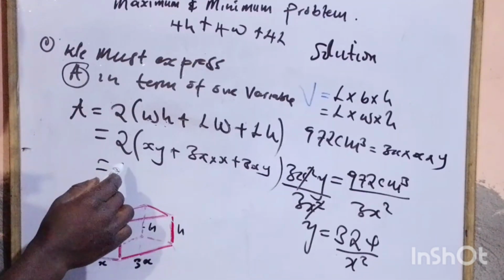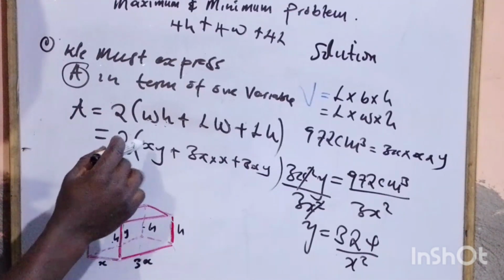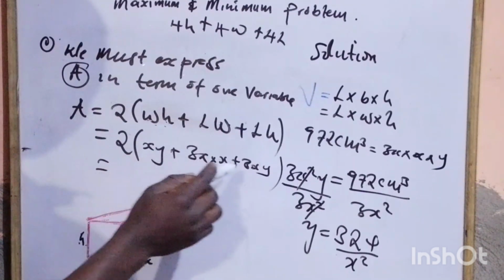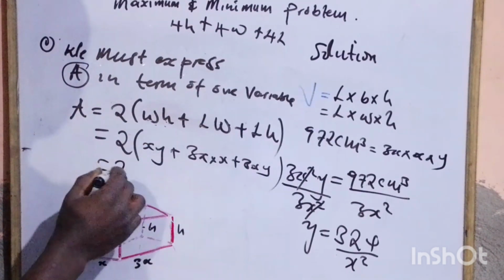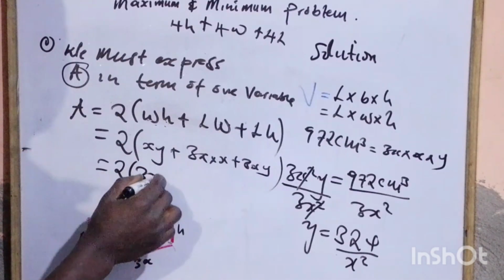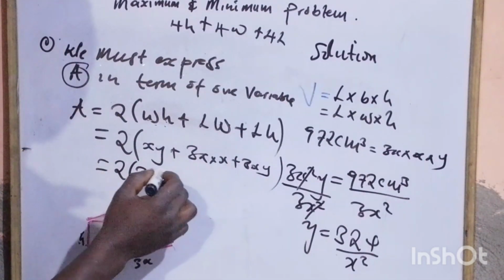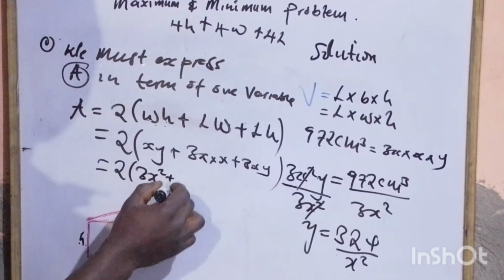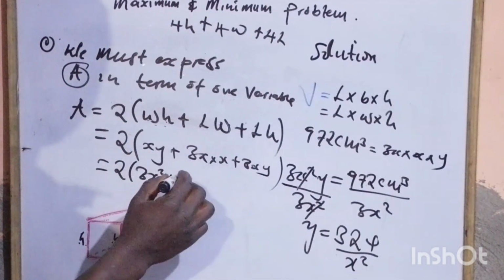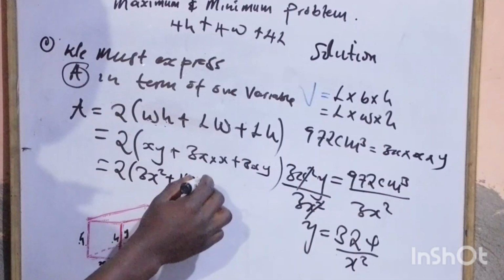When you add xy plus 3xy, you are going to have, here we have 2 open brackets, then 3x times x, you are going to have 3x squared, then plus xy plus 3xy, you are going to have 4xy.